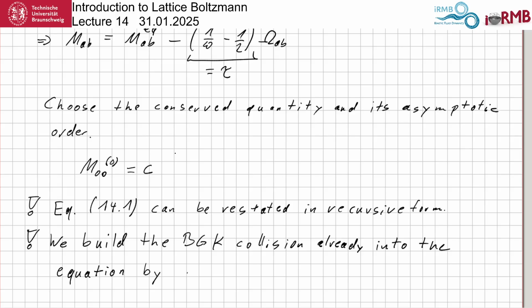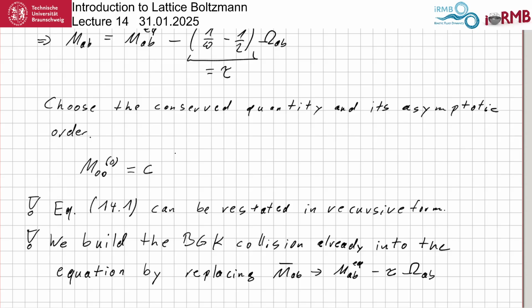By replacing MAB that we have in the equation by MAB equilibrium minus tau omega AB. Yeah?